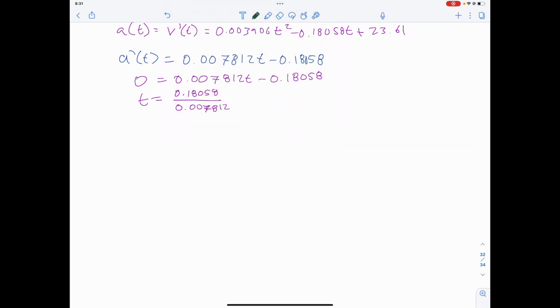So I'm going to look for the y values, and I'm going to first use my critical number and say that the acceleration, using the acceleration, not the a prime formula, is going to be at 0.18058 over 0.007812.